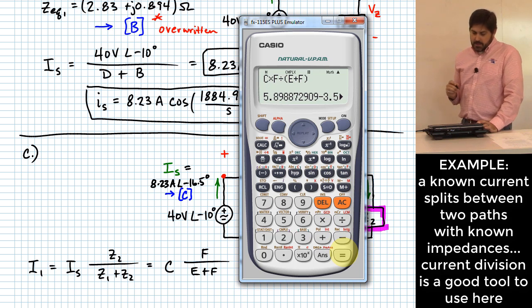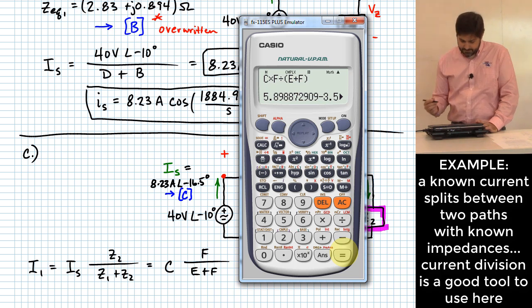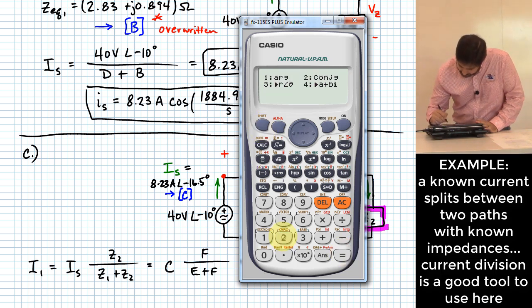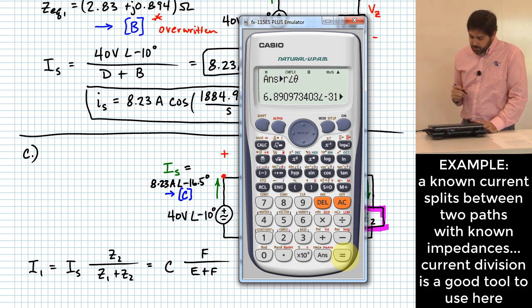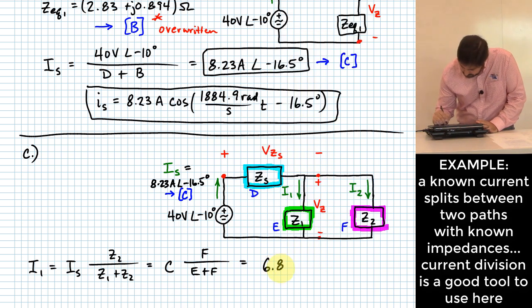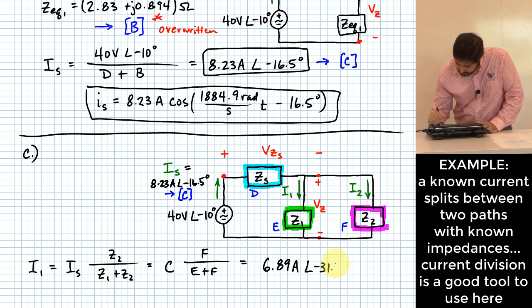Okay? And this is a current, right? We're trying to solve for a current. What did I say my preference is to see currents in? Okay. I like to see those in polar form. And so that gives me 6.89 amps at an angle of negative 31.1 degrees.